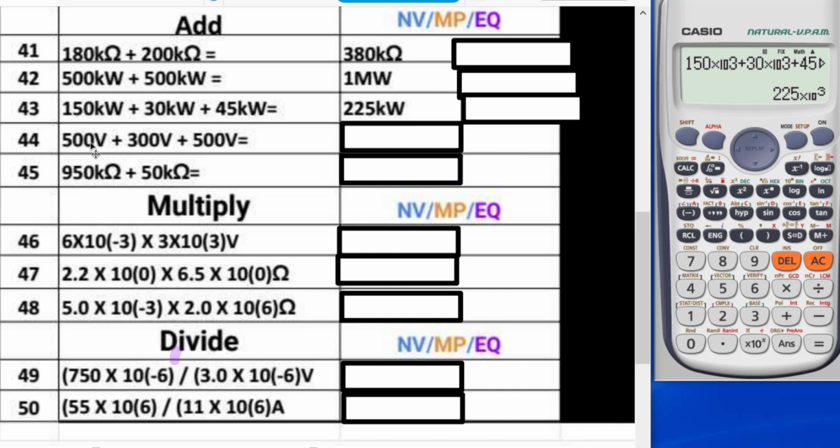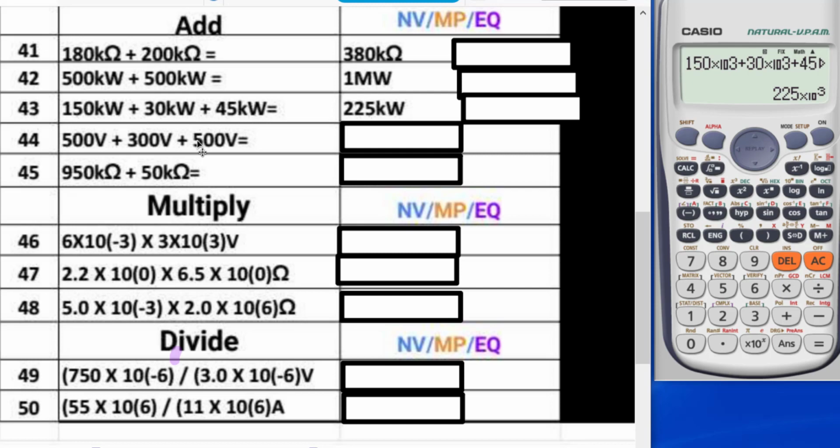All right, my next one there is technically not an engineering, or technically the engineering would be times 10 to the 0, but the math is the same if you do 500 plus 300 plus 500 versus if you do 500 times 10 to the 0 plus 300 times 10 to the 0 plus 500 times 10 to the 0.